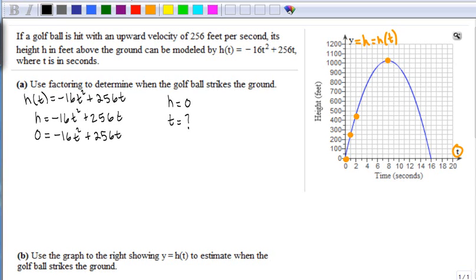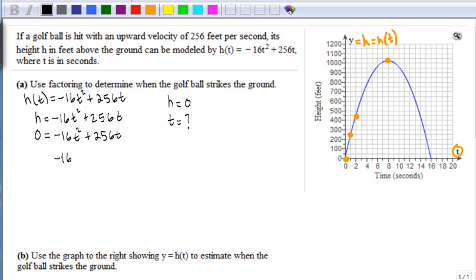Well, when you factor, the first thing you always want to do is look to see what is common. Since 16 times 16 is 256, I notice that 16 is a common factor here. When the first term is negative, I personally always like to take out a negative. I think it makes it easier, but that is actually not necessary in this problem.